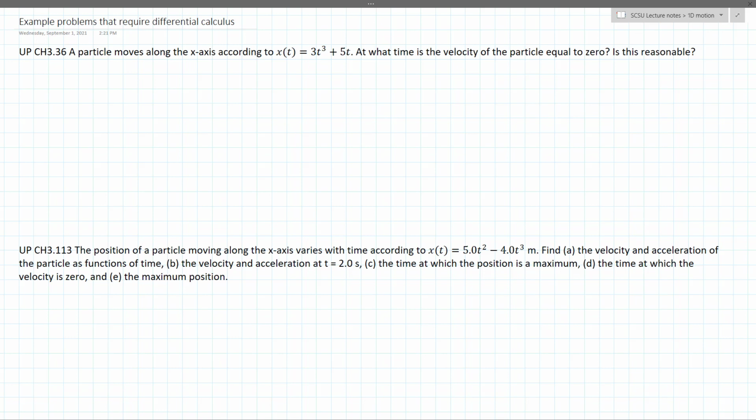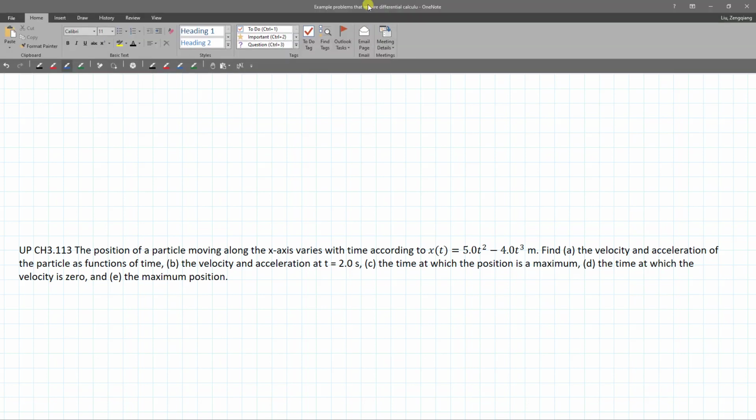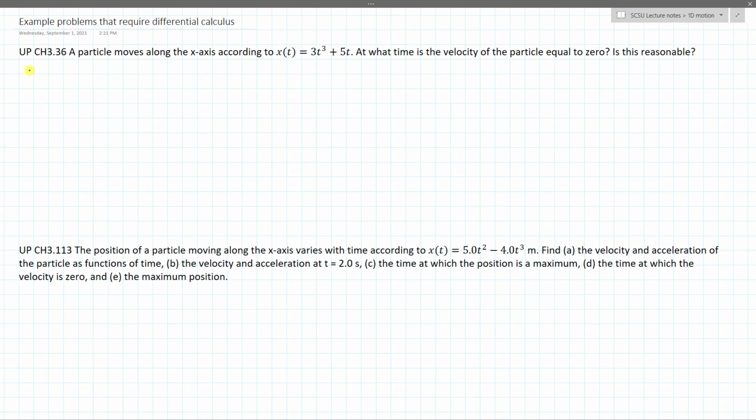And the question: at what time is the velocity of the particle equal to 0? And is it reasonable? So let's do some review first. The formula for differentiating a polynomial: we have a polynomial y of x, the same as x of t, equal to a times x to the nth power, and dy over dx is equal to a, times n, times x to the n minus 1 power.